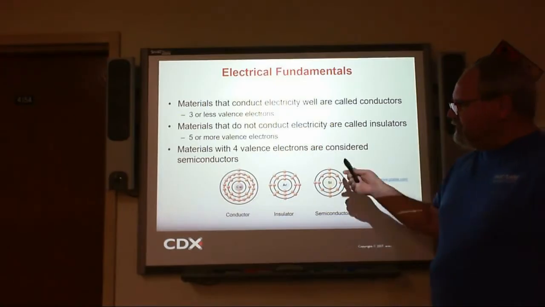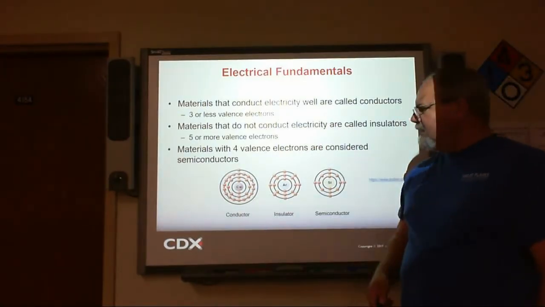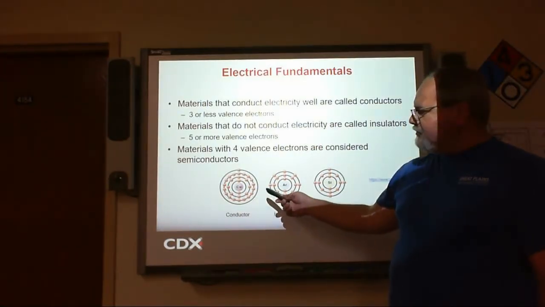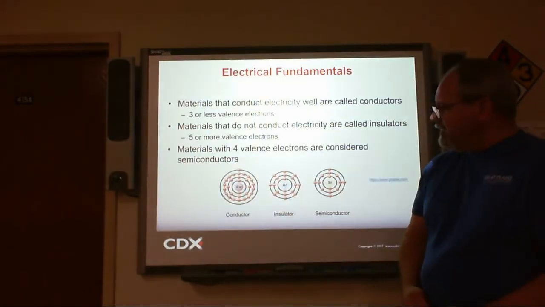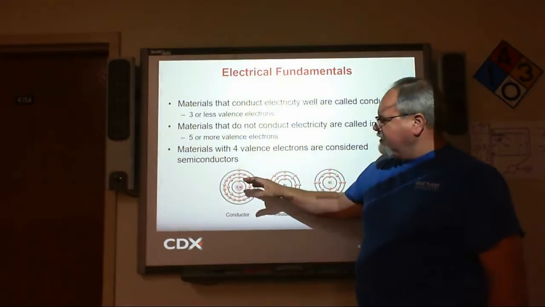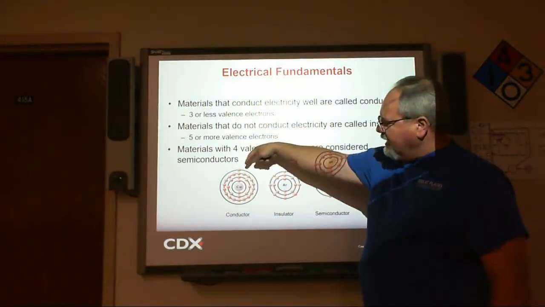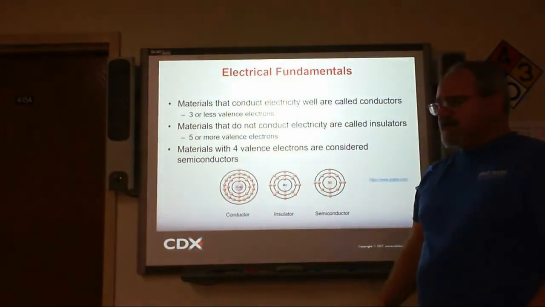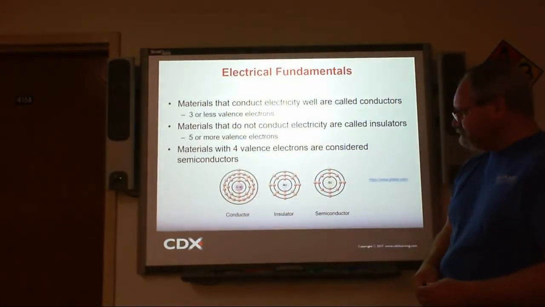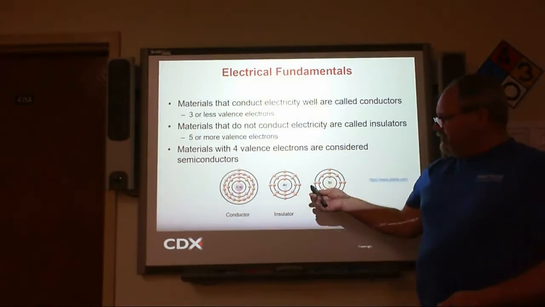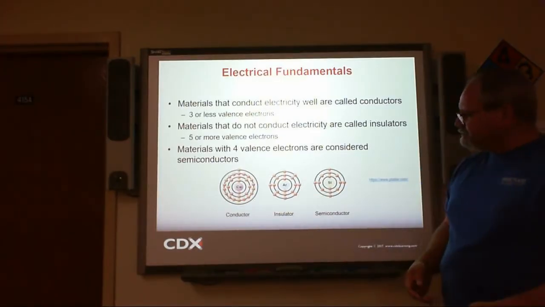An example of a conductor would be copper. Now copper has 29 protons, and if you count all these electrons, there are 29. And as you can see, as those shells filled up, that 29th electron is in a shell all by itself. So that valence shell has 1 electron. An example of an insulator, argon.